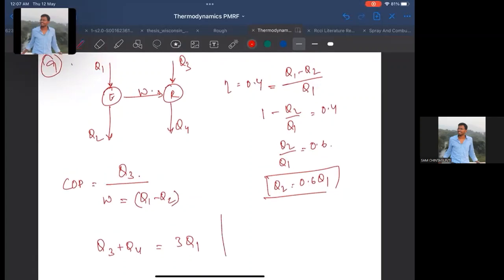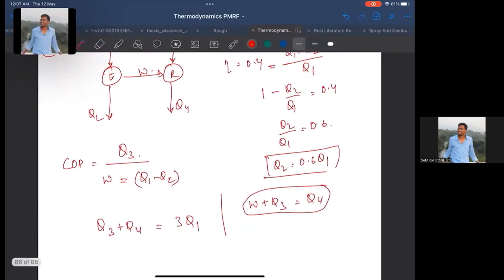And we know that W plus Q3 is equal to Q4, right? By first law. If you are applying W plus Q3 is equal to Q4 and W is equal to Q1 minus Q2, then Q1 minus Q2 plus Q3 is equal to Q4.